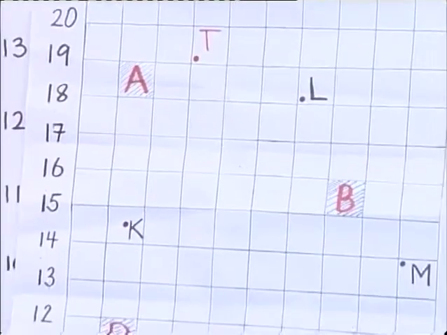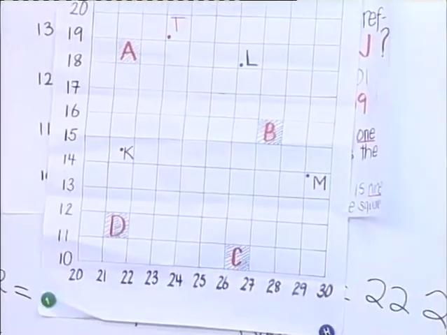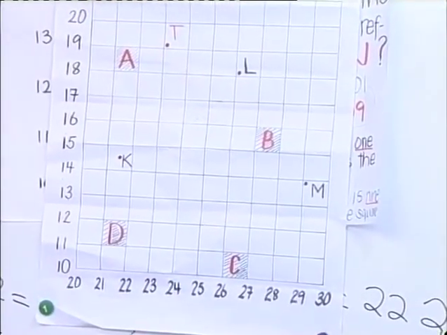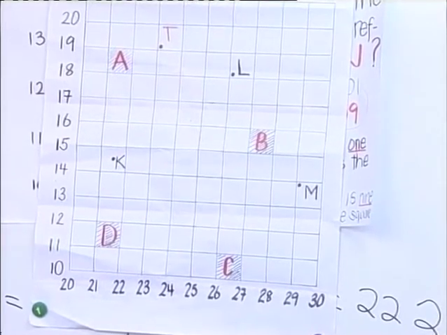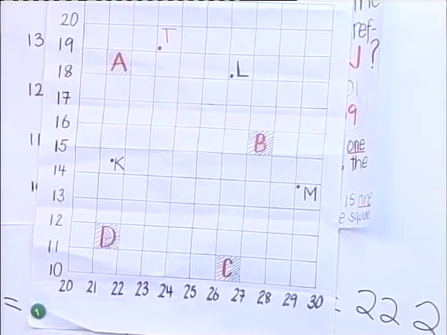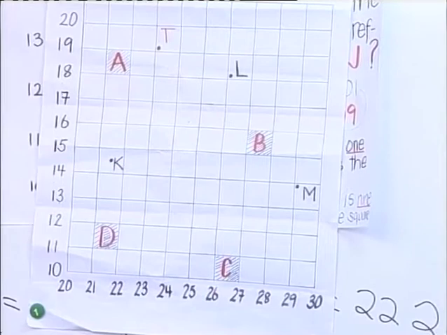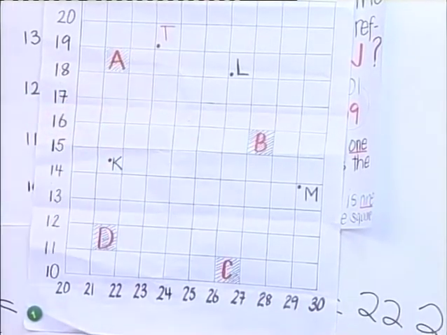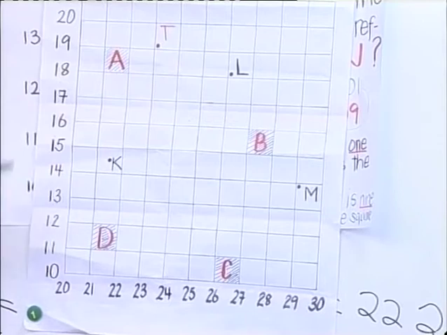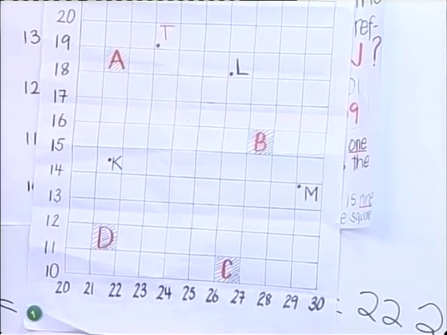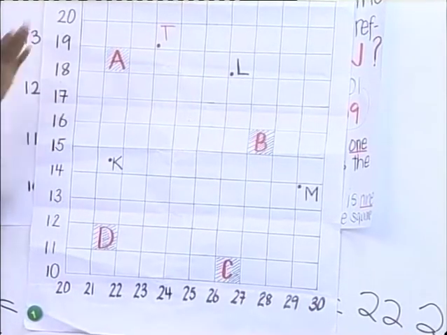Okay, firstly, locate the place, locate the grid square containing the place. Second step, estimate how many tens. How many tens is it across? How many tens is it up?